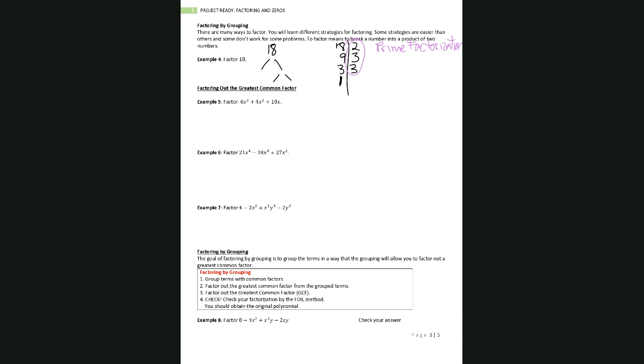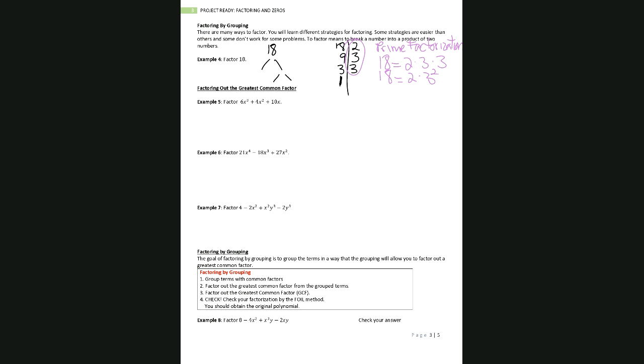So 18 is the product of 2 times 3 times 3. Or I can say that 18 is the product of 2 times 3 to the second power, like that.